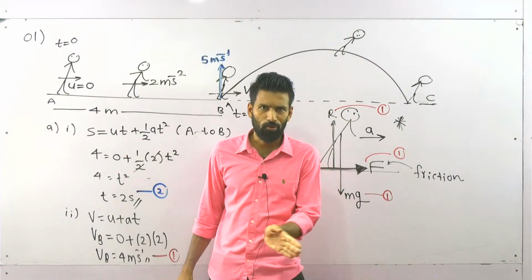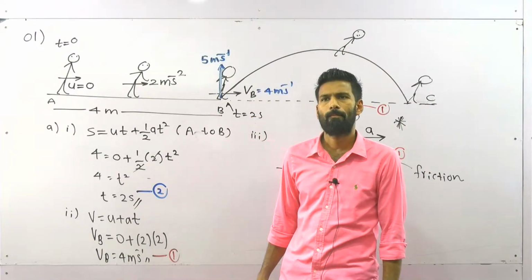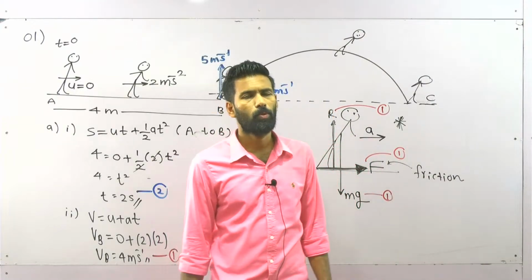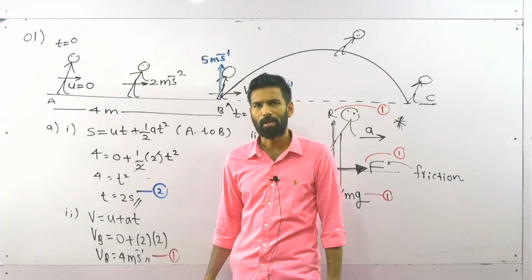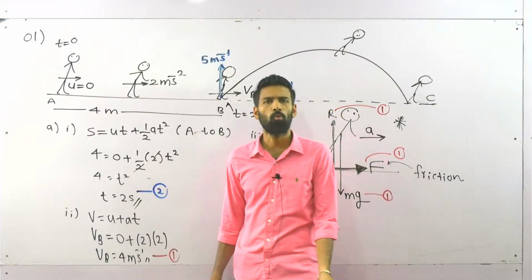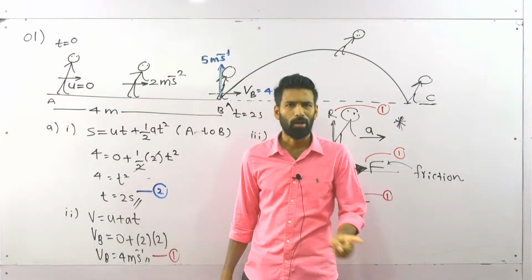To push the ground backward, we try to move our leg in the backward direction.